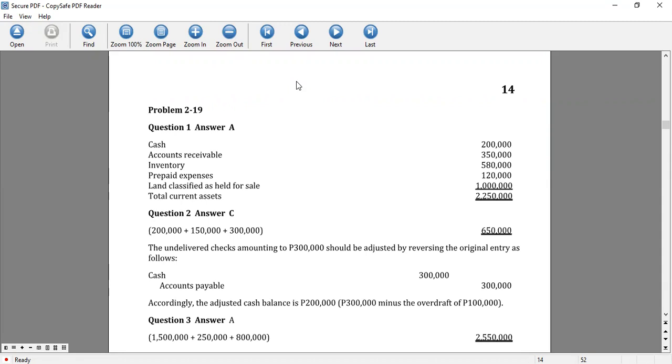So in other words, total here is 2,250,000. It's letter A.